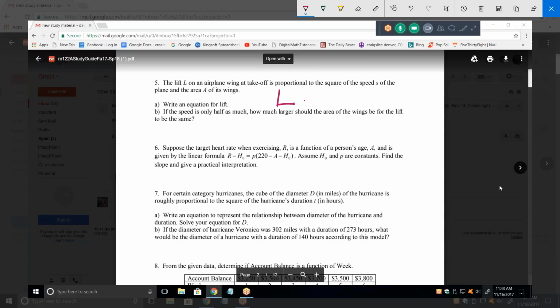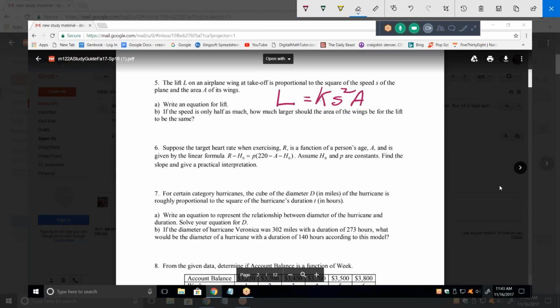Okay, so they're saying the lift is proportional to the square of the speed. That's what that looks like. Of the plane and the area of its wings. So there's the equation. If they would have said, and inversely proportional to its weight, then I would have divided the whole thing by its weight. But they didn't say that.